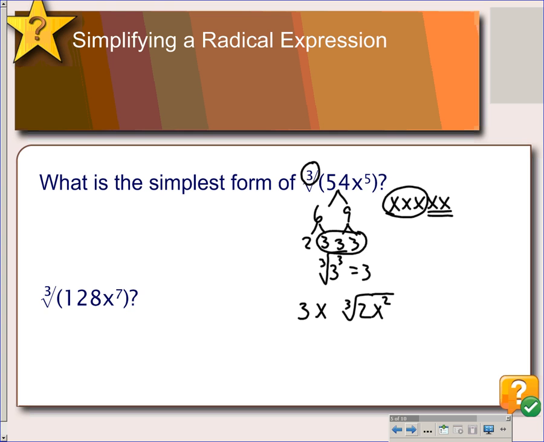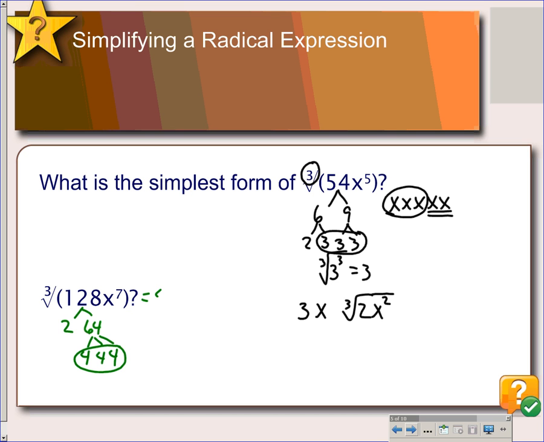In this next example, we have 128. 128 is 2 times 64. 64 is actually a perfect cube. It turns out 4 times 4 times 4 is 64. We could factor the 4's further, but we don't need to because at this point we have 3 4's.